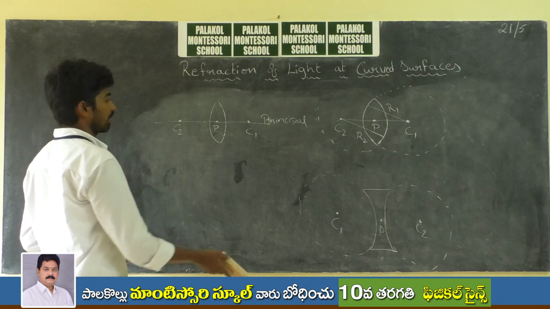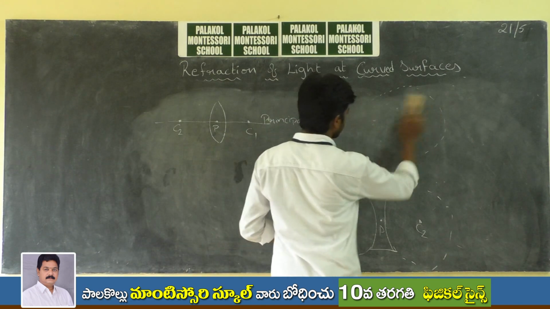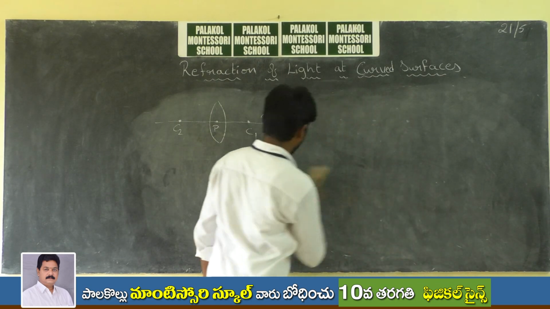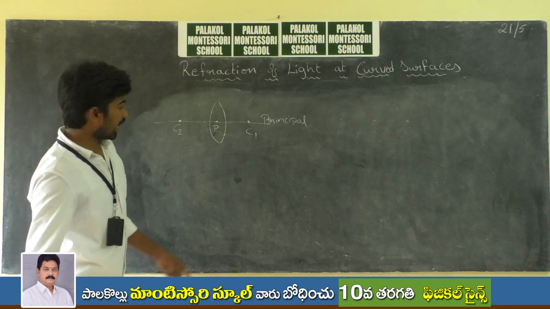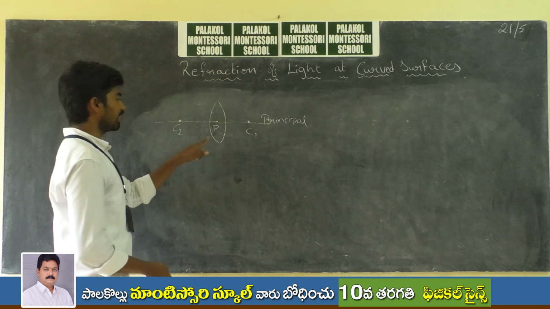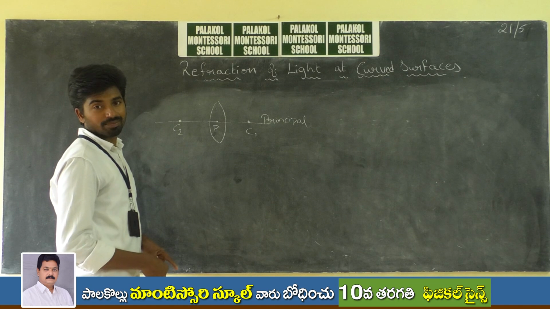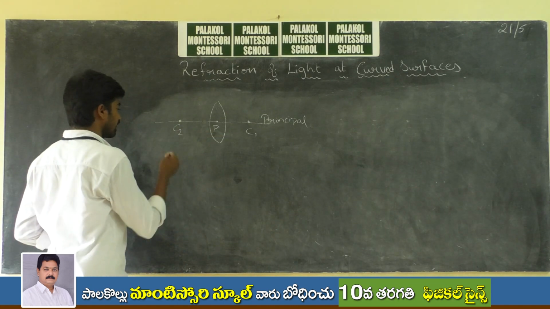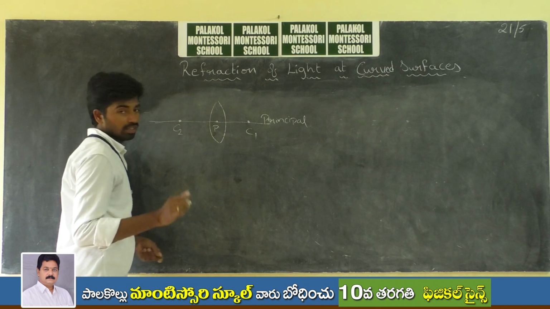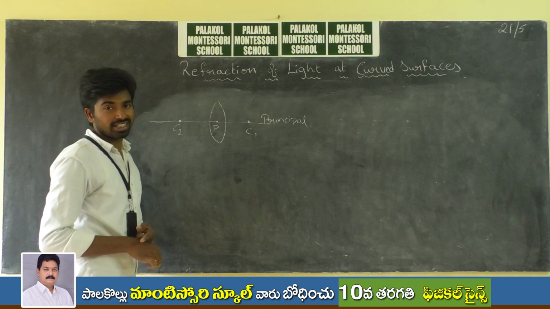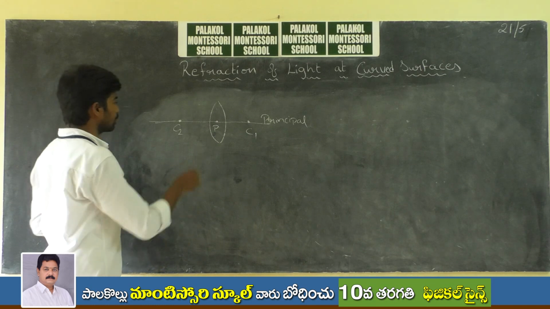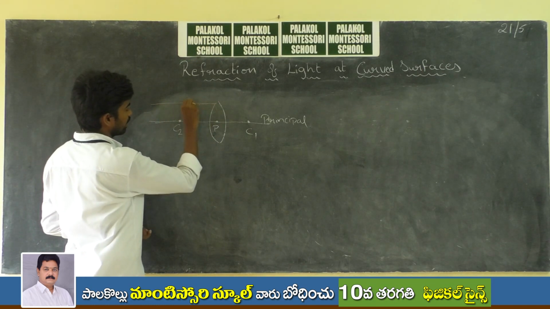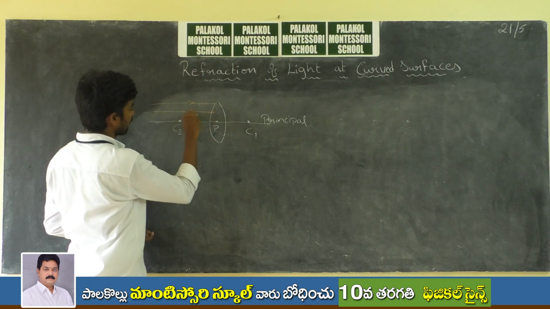So let us know about the focus point. I have considered a convex lens, and the line joining the center of curvature and the pole is called the principal axis. Let us consider light rays parallel to the principal axis.